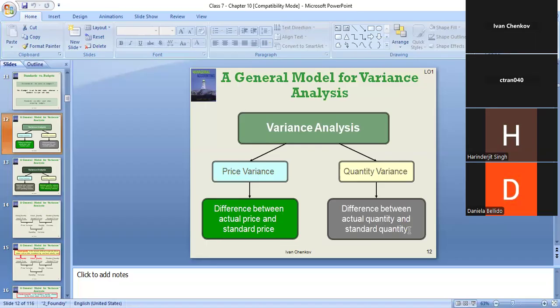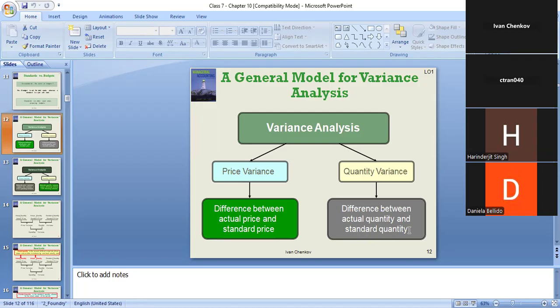First one will be the price variance. We're going to compare the actual price versus the standard price that we have based on our standards. Then we're going to do the quantity variance, where we compare the actual quantity versus the standard quantity that we have for our products.